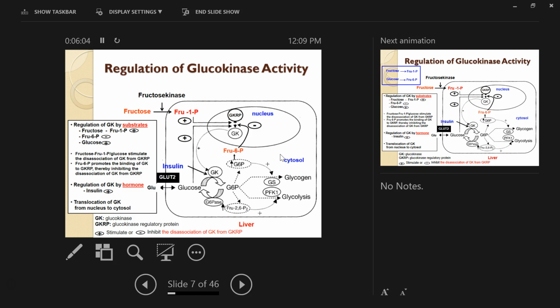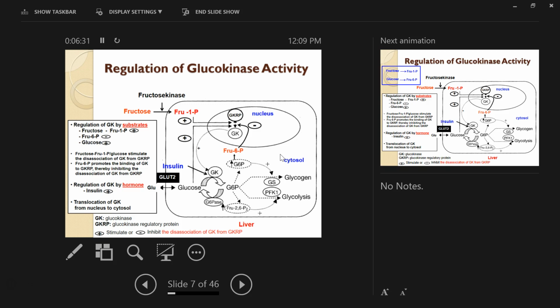So the 3 substrates, fructose 1-phosphate, fructose 6-phosphate, and glucose, basically regulate the dissociation of glucokinase from this regulatory protein and its release from the nucleus to the cytosol for the reaction, right?